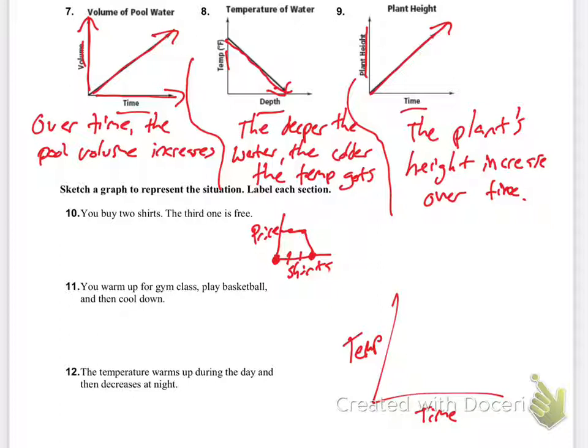So it warms up during the day, so we'll say it starts a little bit colder, and then it warms up, and then let's say this is like noon, or noon to 3, and it gets to its highest point, and then it decreases at night.